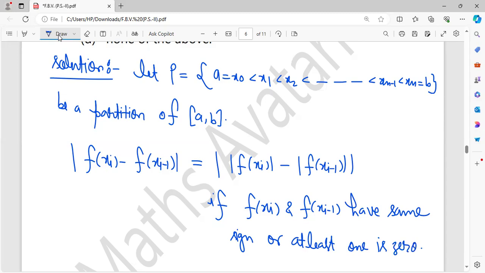If they are both positive or both negative or any one of them is 0, then this inequality holds.